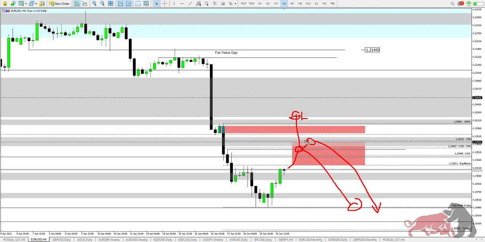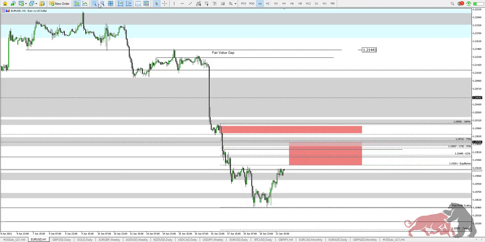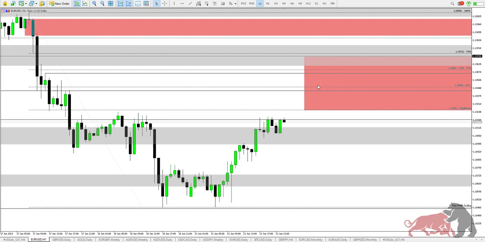So price will probably create a new high tomorrow. Might not be above these price points here, but the high that is going to be created tomorrow, expect it to be somewhere near this fair value gap on H4, or it can be on Wednesday that we create that high.